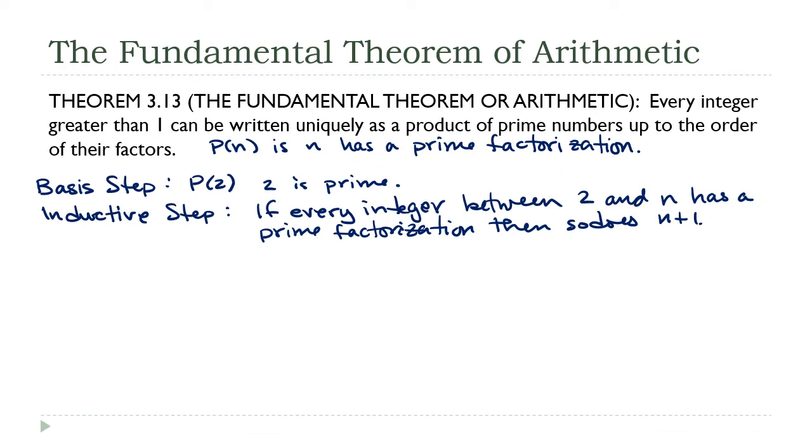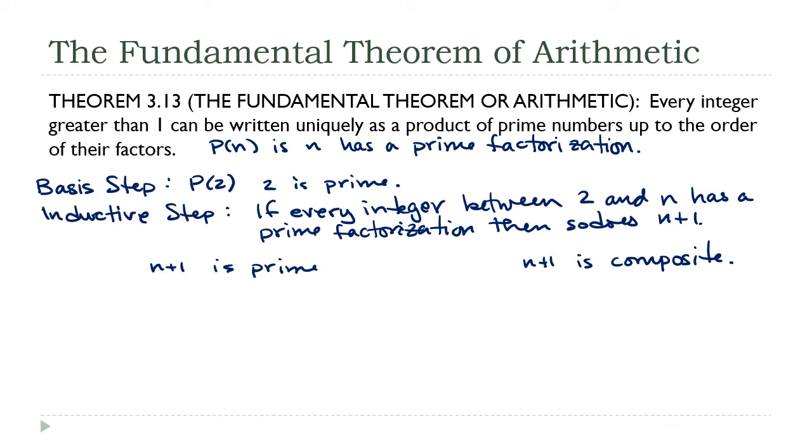So to do this, we're going to look at two cases. Our first case is where n plus 1 is prime. And our second situation is where n plus 1 is not prime, in other words, where n plus 1 is composite. Well, the first case, we get this one for free.